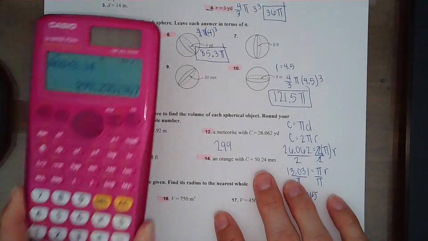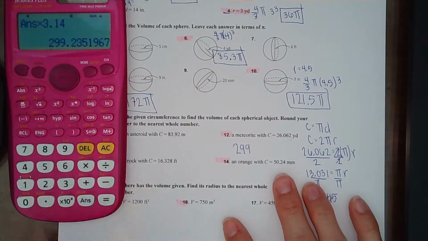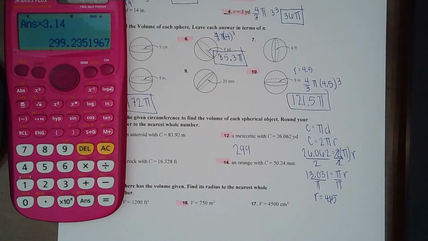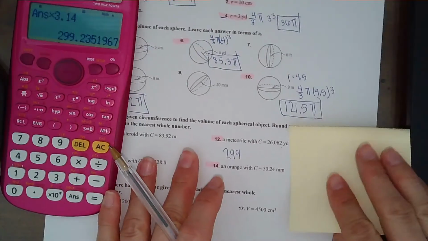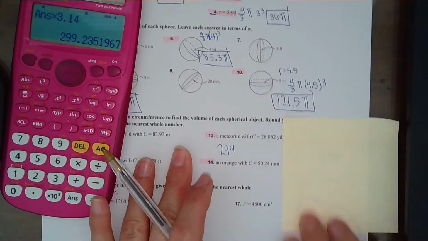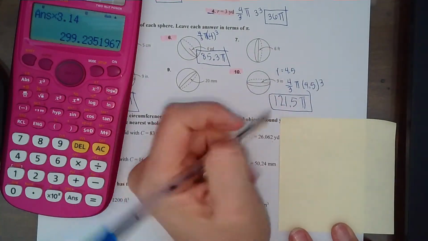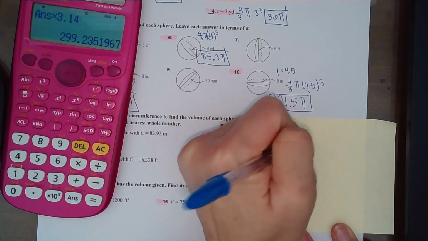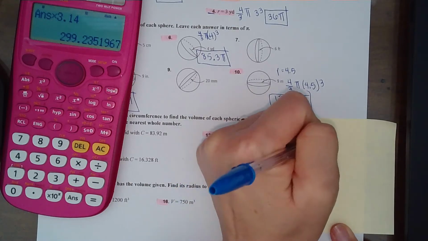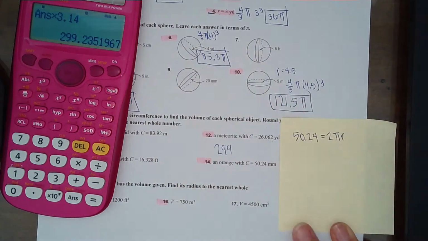Okay, and now it says an orange with a circumference of 50.24. So excuse me while I get a Post-it to write on, since I kind of used up my space earlier. So I'm going to go ahead and do 50.24 equals 2 pi times my radius.